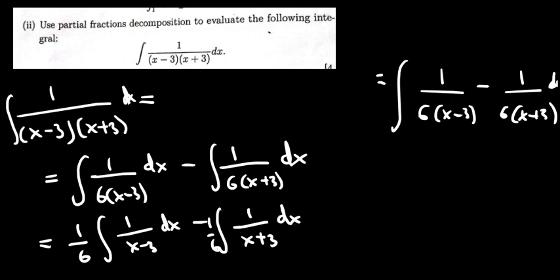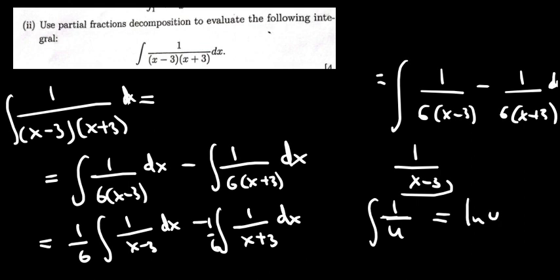Now at this stage, I have 1 over a linear expression, and the other one is plus. So I'll say let the expression in the bottom equal u. So I have 1 over u, and the integral of 1 over u is just ln of u. When I replace my u, which is x minus 3, I have ln of x minus 3. So whatever I integrate here will just be ln of whatever is in the denominator.